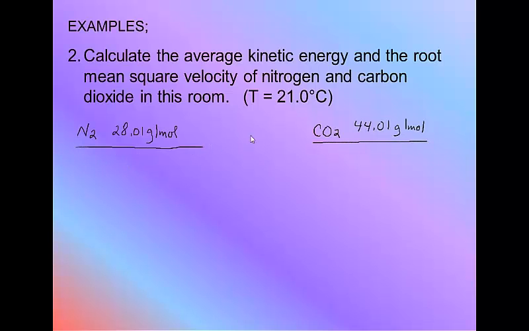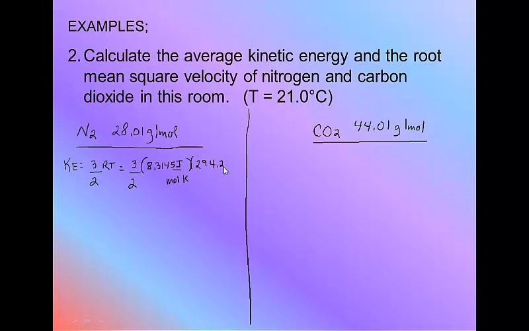And I'm just going to make this right down the line. What do you want to do first? Let's do kinetic energy. Kinetic energy is 3/2 RT. That's going to be 3/2 times 8.3145 joules per mole Kelvin, temperature being 294.2 Kelvin.